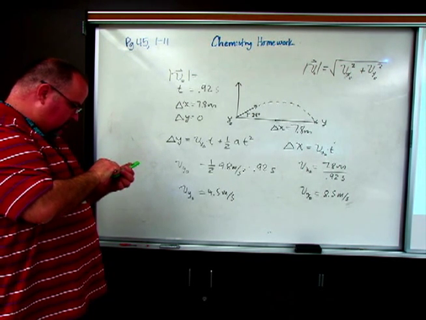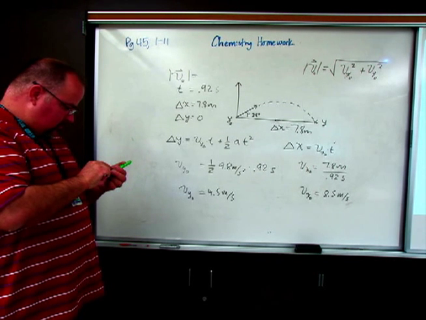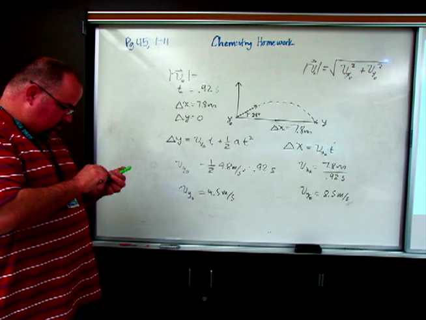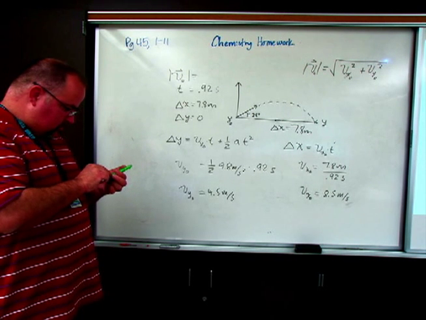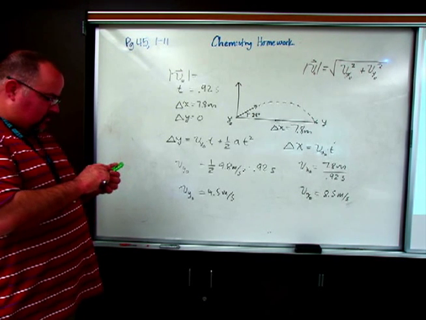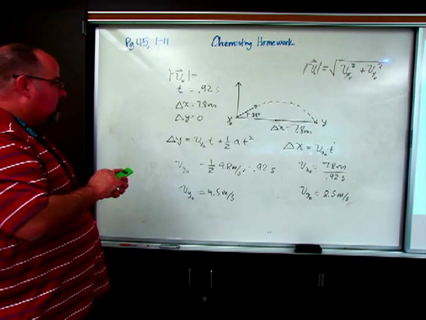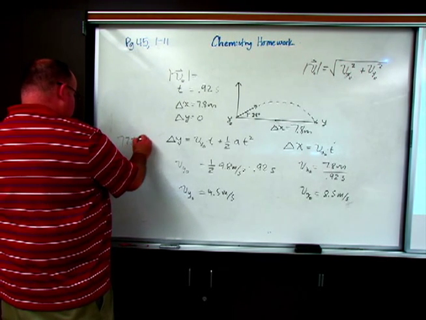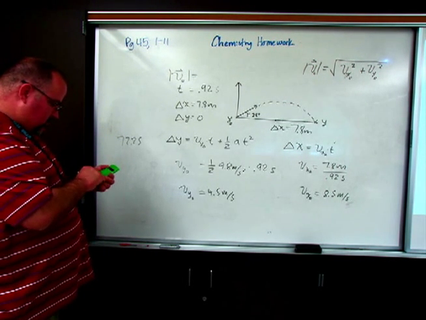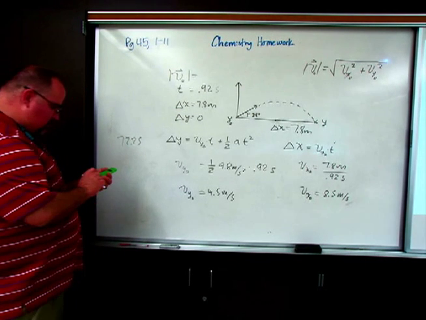Let's square this. 8.5 squared is 72.25. 4.5 squared is 20.25.